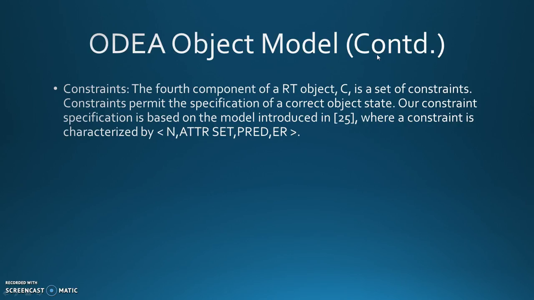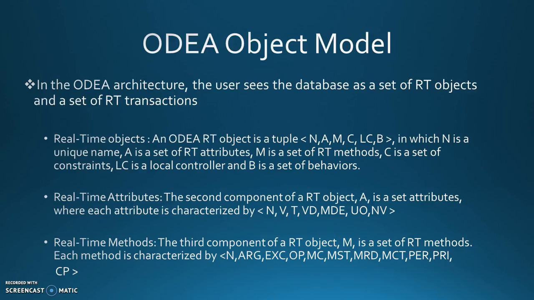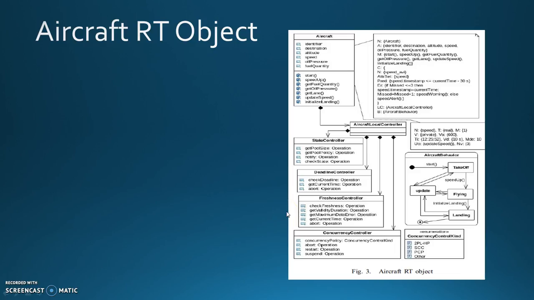If you go back here, you see real-time objects as a tuple: N, A, M, C. Likewise, you can see here N is aircraft, A is an identifier, likewise. So this is the whole aircraft RT object diagram.